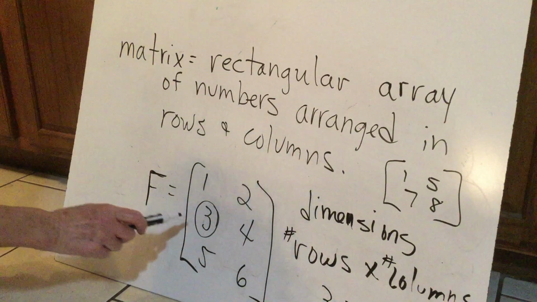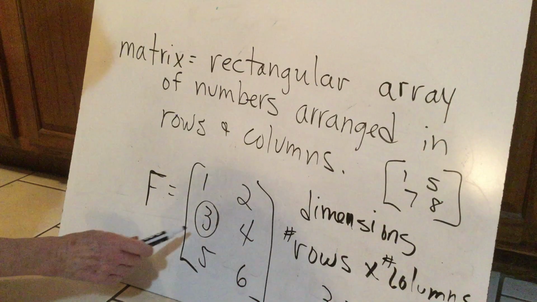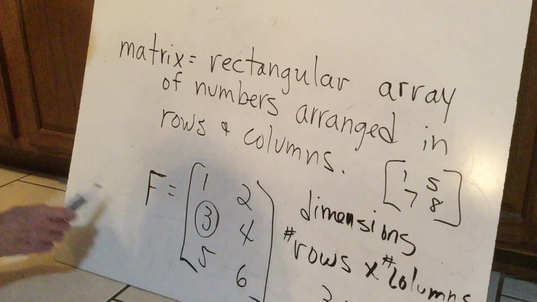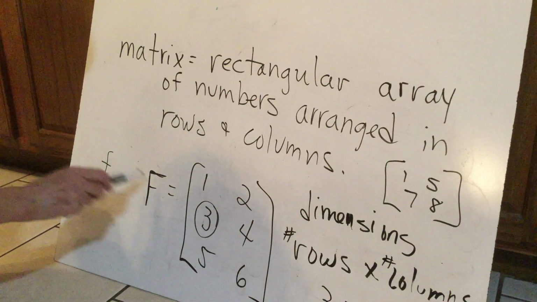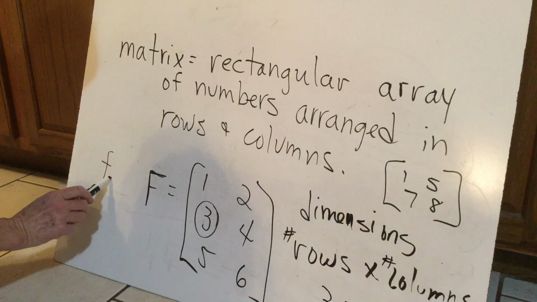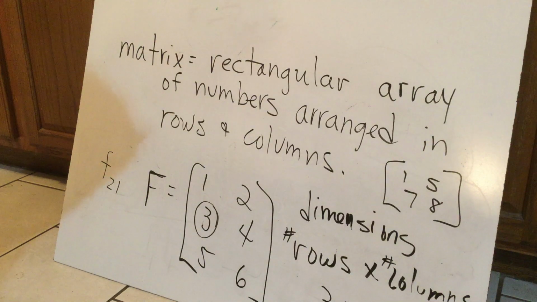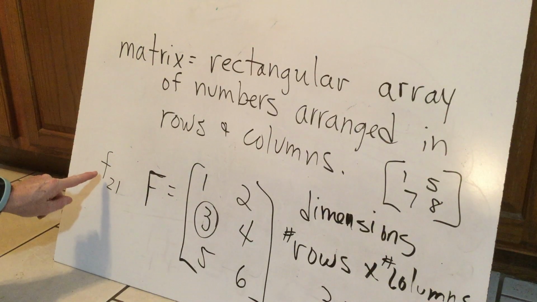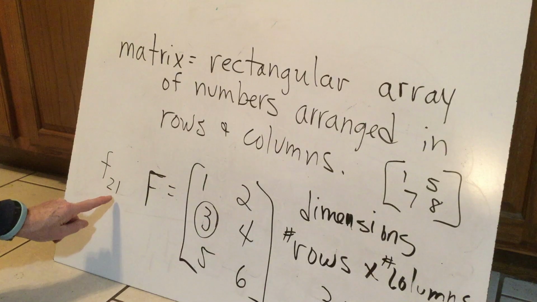If I wanted to talk to you about him, I would use a lowercase f to indicate he was coming out of matrix F, and then I would put a little subscript down here, 21. Now that is not a twenty-one, that is a two-one, which indicates go to matrix F, look in the second row and the first column.